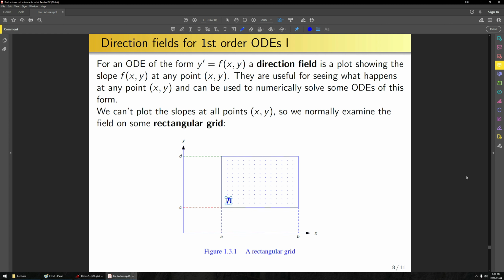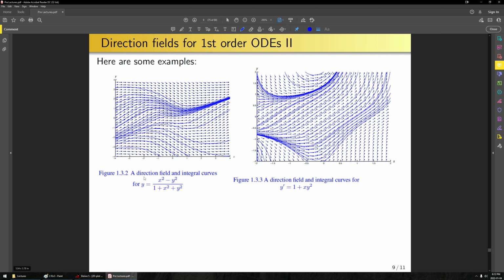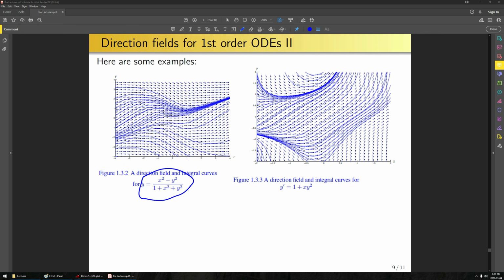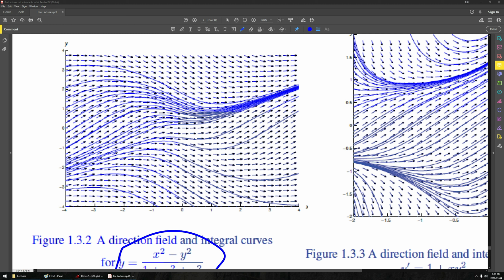So let's look at a few examples taken from the text. For y prime equal to this function here, this would be an example of a direction field on this rectangular region. Notice I have these blue curves that are plotted. Let's zoom into one of these. The natural question is, what are these blue curves doing? Well, if I start in this spot here, I have to travel in the direction of the arrow, so that'll put me over here.